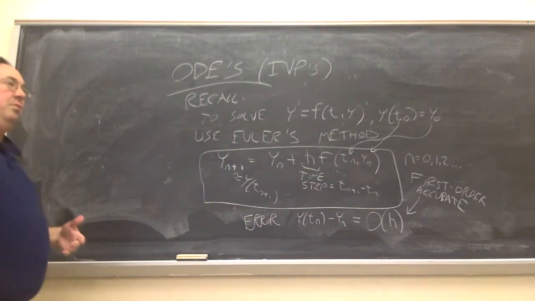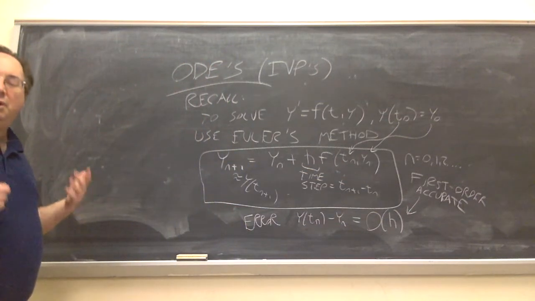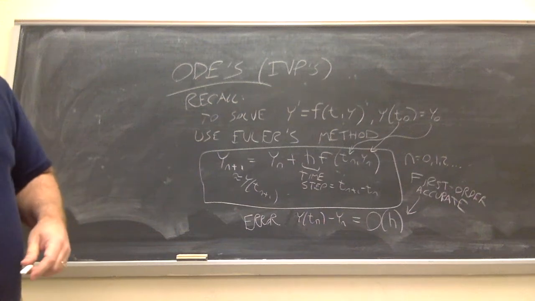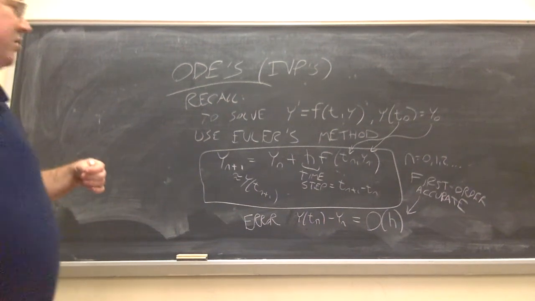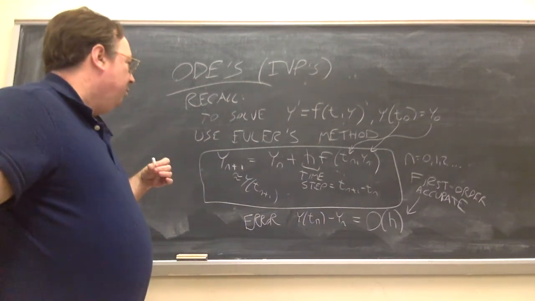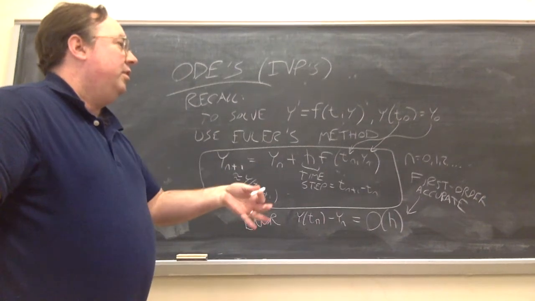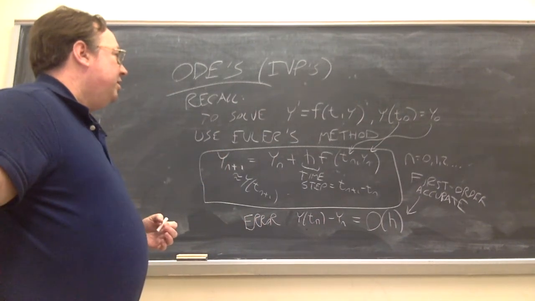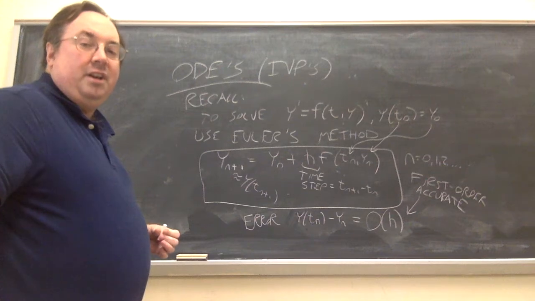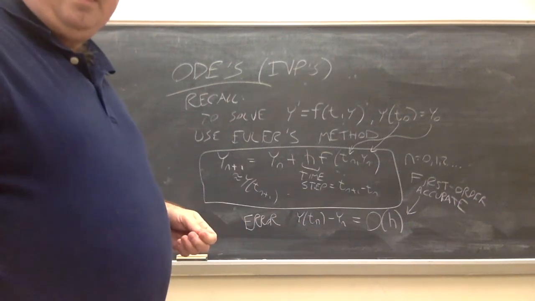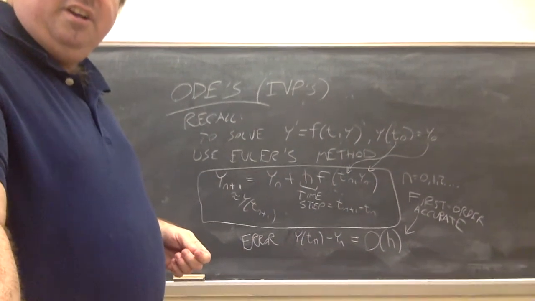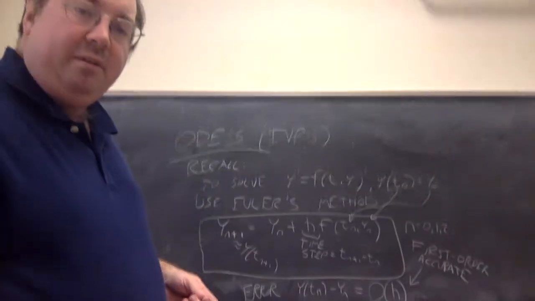And so if we only use the first derivative, then all we can hope for is first order accuracy. If we take a Taylor expansion of y a little further, then that gives us a way to achieve higher order accuracy. So what I'm going to do is give you an example of how such methods are obtained.